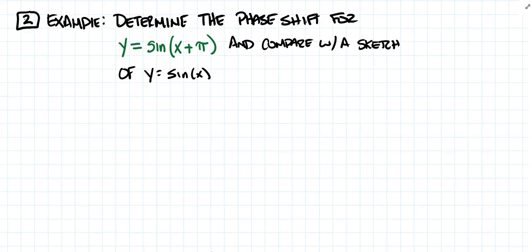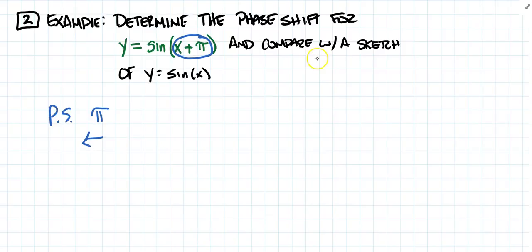Okay, box number 2. Let's determine the phase shift for y equals the sine of x plus pi, and then we're going to compare that with a sketch of y equals sine of x. Since we are adding or subtracting a certain amount inside the parentheses, we know that the phase shift is going to be pi units to the left because I am adding pi units.